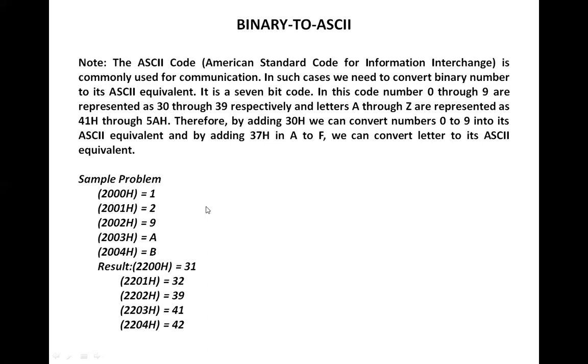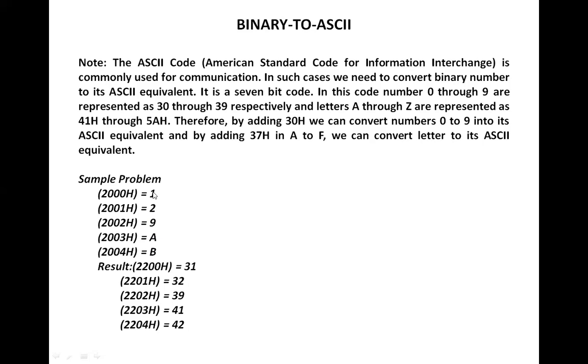And for this conversion process, we have to write a program, and that program will be known as binary to ASCII code conversion program. Suppose we have 5 numbers which have to be converted, and these numbers are available in different memory locations from 2000 to 2004 as the numbers 1, 2, 9, A and B. And after converting 1, 2, 9, A, B, it has to be stored at a certain memory location starting from 2200.